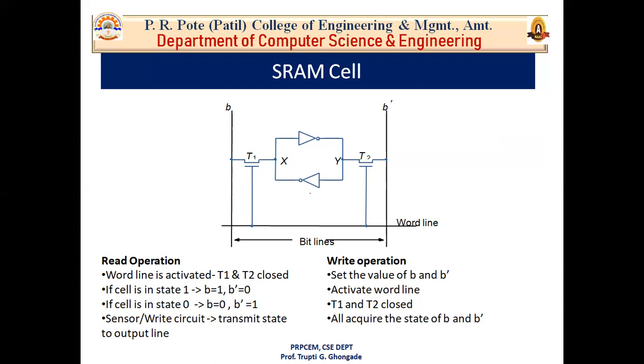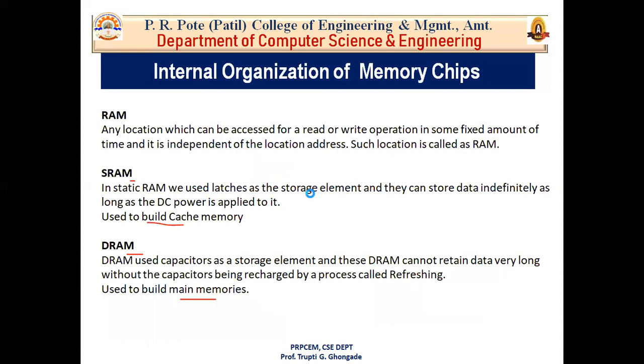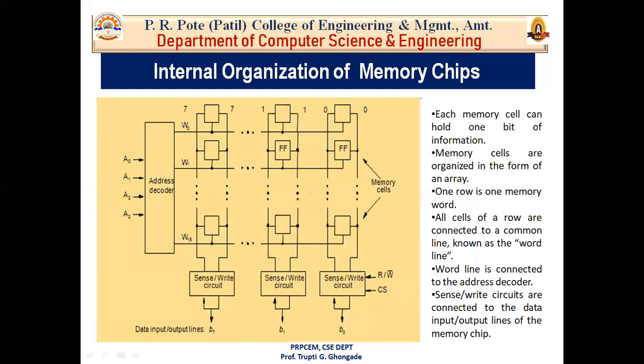If you remember the previous diagram, here you have many memory cells. Let's say here 8 memory cells, then again 8, then again 8, likewise. So there are multiple memory cells. Let's take one single memory cell.